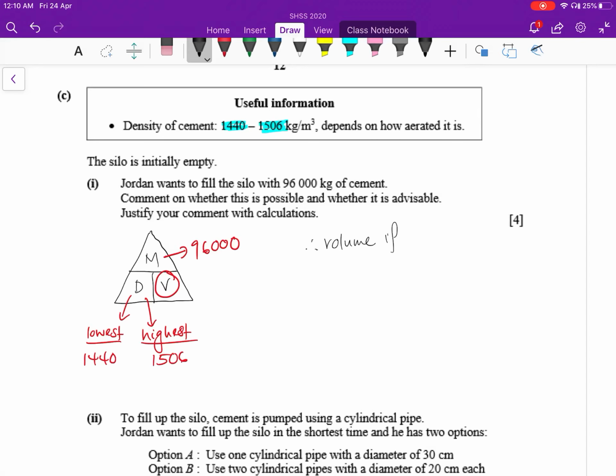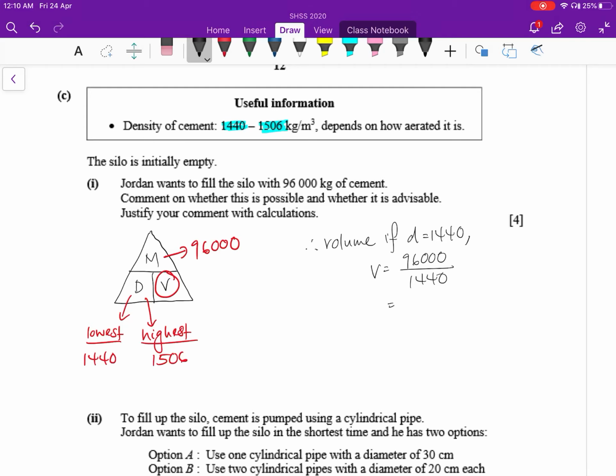So therefore, volume, if the density is 1440, is this. V equals 96,000 divided by 1440.